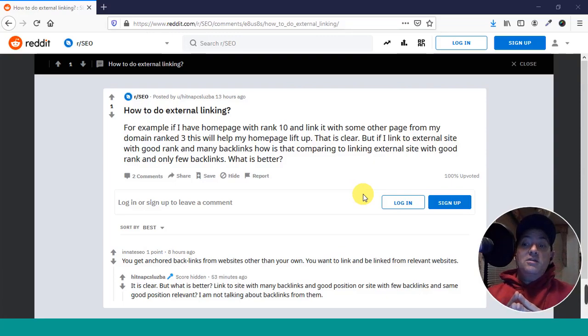Now, this is going to be a lot more important when it comes to certain sectors, specifically what we call your money or your life sites. So those would be like health, safety, finance, housing, real estate, anything like that that can directly affect your well-being, your health, your money, your stability.